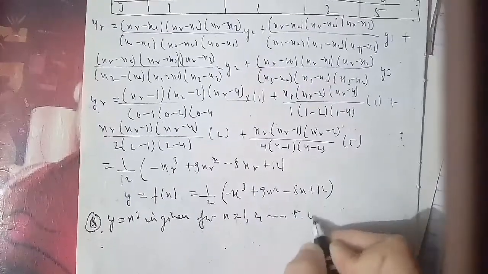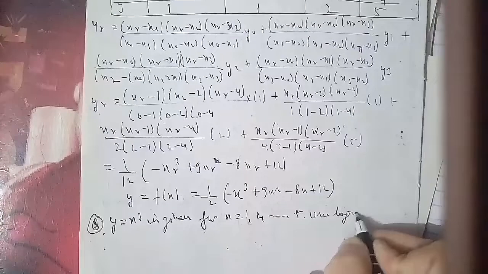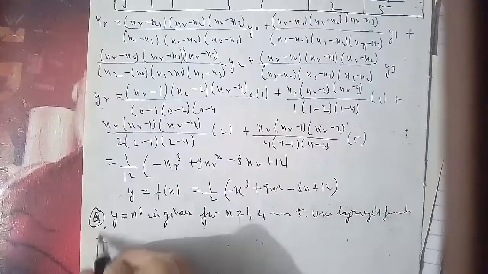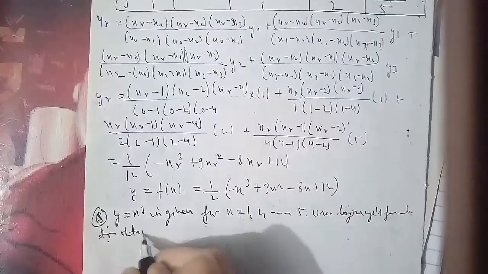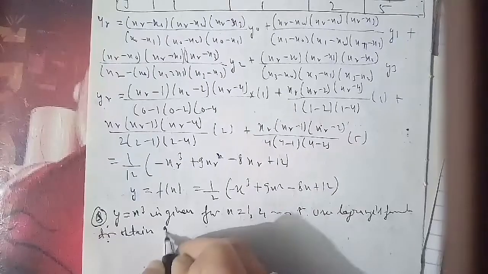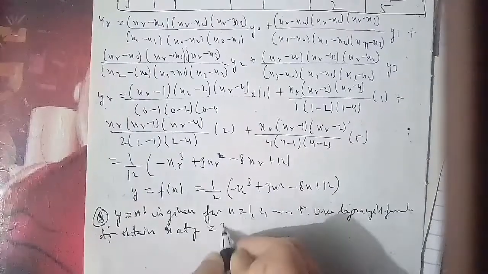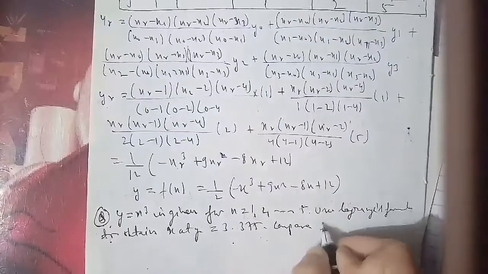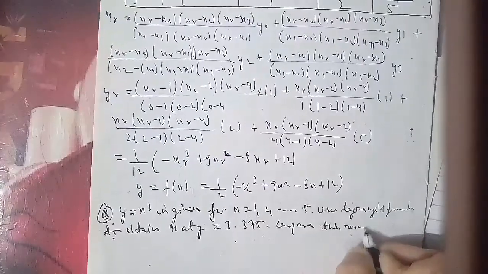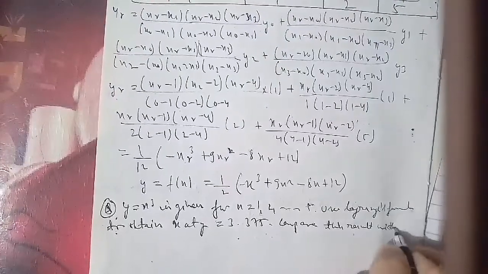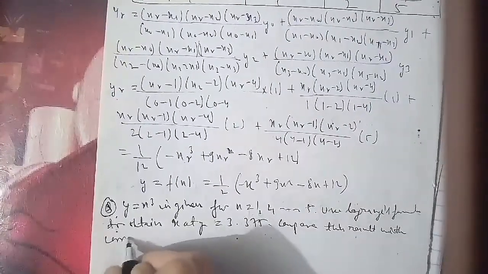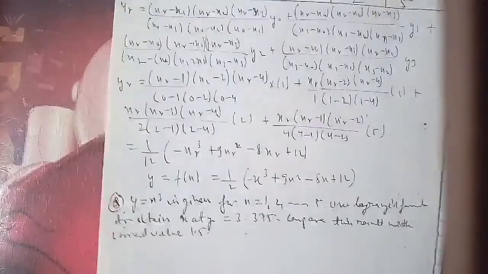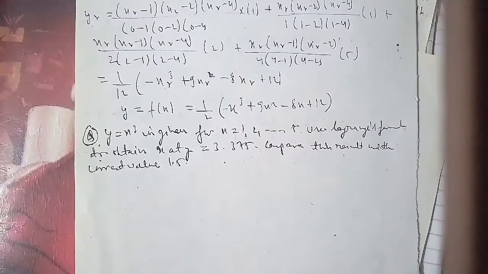Compare this result with the correct value 1.5. So the given relation is y equals x cube, and x equals 1, 2, 3, 4, 5. For the following table, we will make a table for x and y so that it becomes clear. So I will make it here itself.